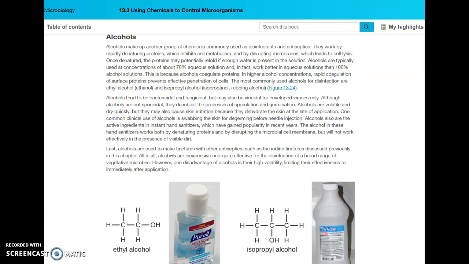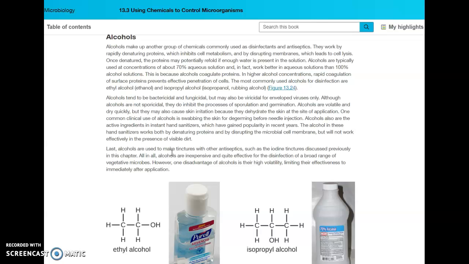And part of that is because of its evaporative properties. If you have very strong concentrations of alcohol, 95, 100%, it's going to evaporate so quickly that we don't get to reach that death time. We don't have enough time of exposure, so the microbes may not be sufficiently killed.